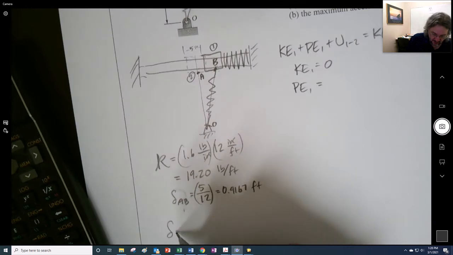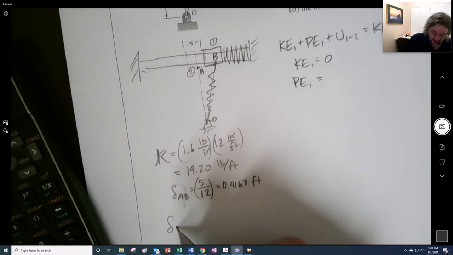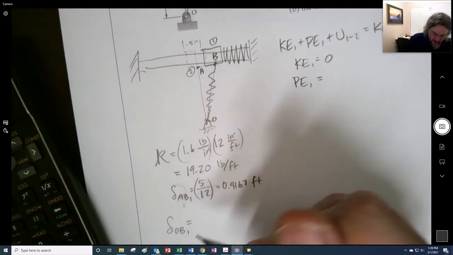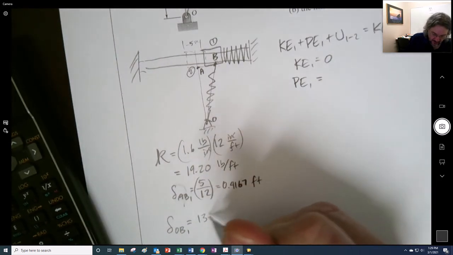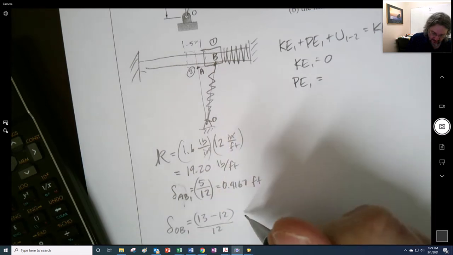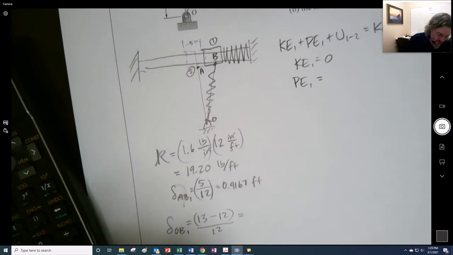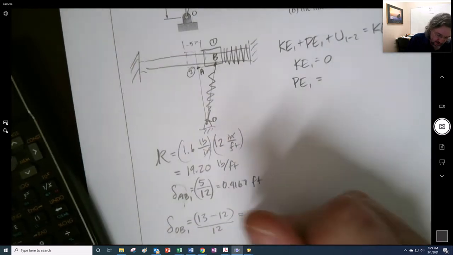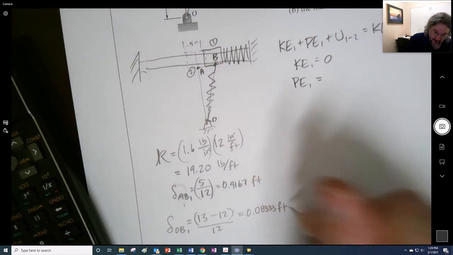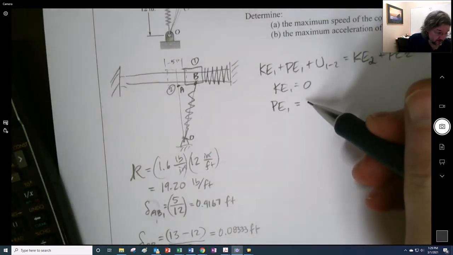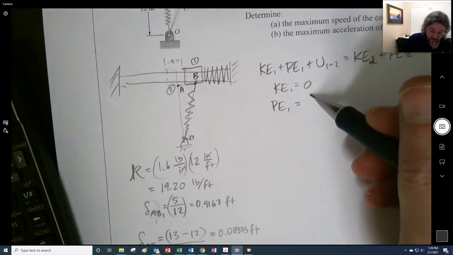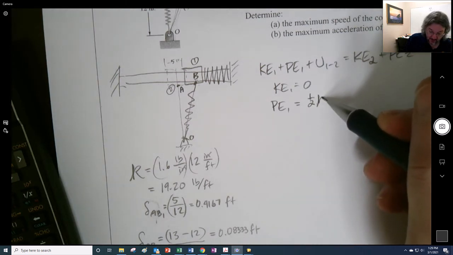It's del OB, and this is state 1, I should say. It's going to be 13 minus 12, and we'll divide it by 12 right here. And so it's just going to be 1/12, right? So it's going to be 0.08333 feet.